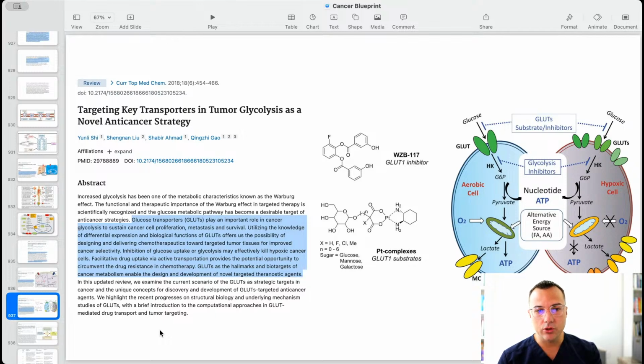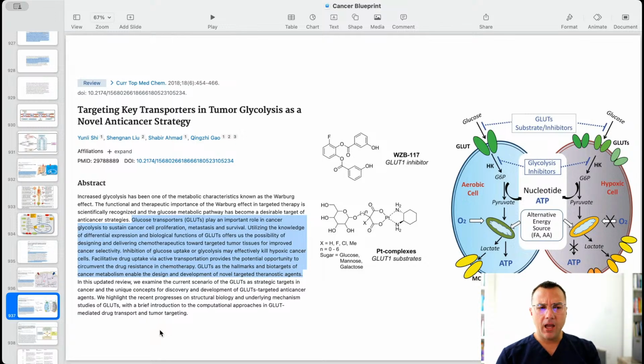Inhibition of glucose uptake and glycolysis may effectively kill hypoxic cancer cells, facilitate drug uptake via active transportation, and provide the potential opportunity to circumvent drug resistance in chemotherapy. GLUTs as the hallmarks and biotargets of cancer metabolism enable the design and development of novel targeted theranostic agents.